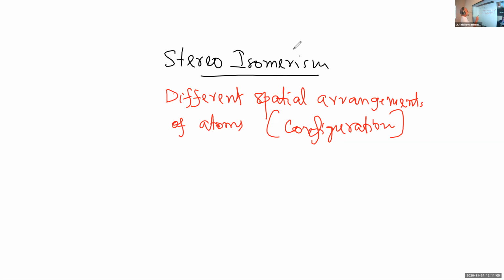Let us say two types: geometrical isomerism and optical isomerism. Let us explain geometrical isomerism and optical isomerism. So let us now go to geometrical isomerism under the heading stereoisomerism.